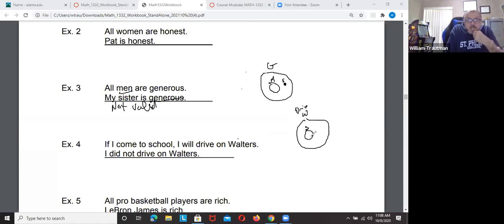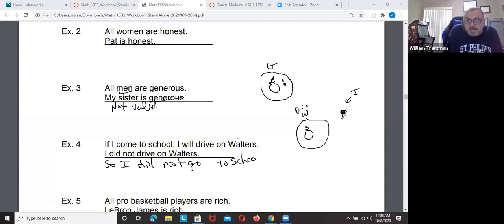I did not drive on Walters. That means I'm over here, not in the Walters circle. This is me. I did not drive on Walters, so I can't be in the Walters school. So it makes sense: if I come to school, I will drive on Walters. I did not drive on Walters, so I did not go to school.